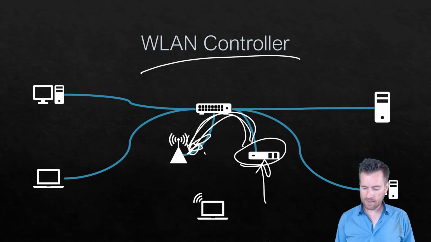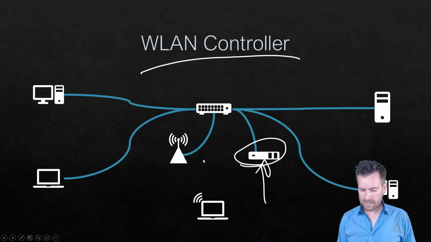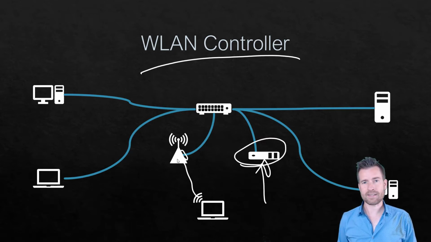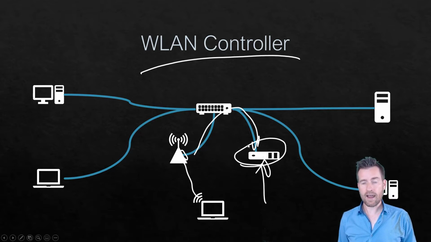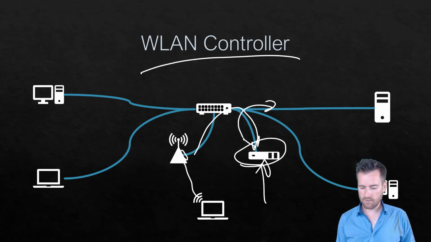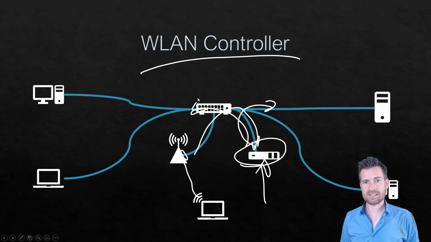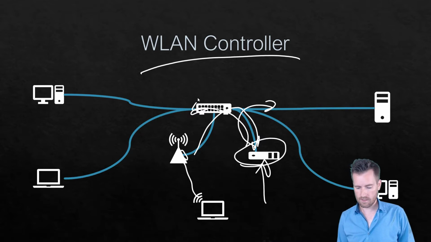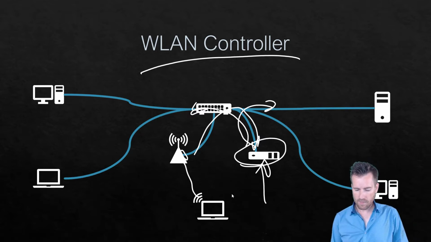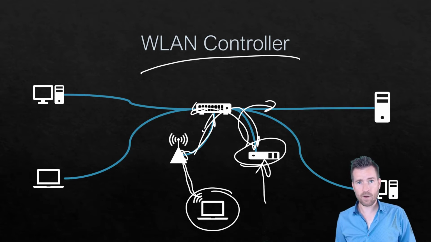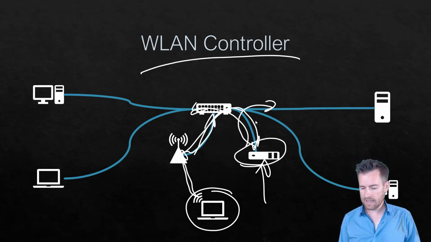Now, another way that you can set up this relationship is that any information that goes to the wireless access point gets encapsulated and tunneled back to the controller, and then the controller puts that information onto the network. This is a common setup with a lot of wireless controllers: a computer will not go directly onto the network from the wireless access point, but instead all that traffic gets tunneled to the controller.